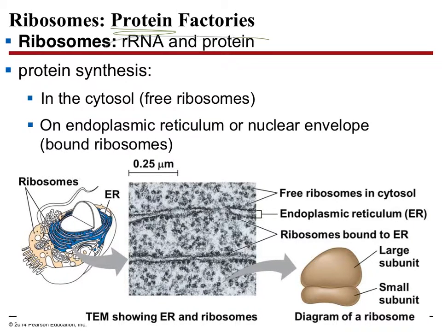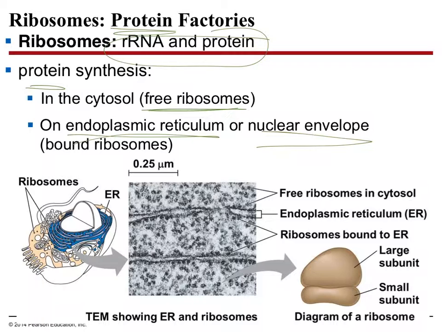Ribosomes contain both RNA and protein, rRNA, which is ribosomal RNA, and proteins. With protein synthesis, there are several different types of ribosomes. We have some that are free in the cytoplasm. We also have some that are on the endoplasmic reticulum or even the nuclear envelope. Both locations contain ribosomes that actually do the same thing. They're really just building protein.